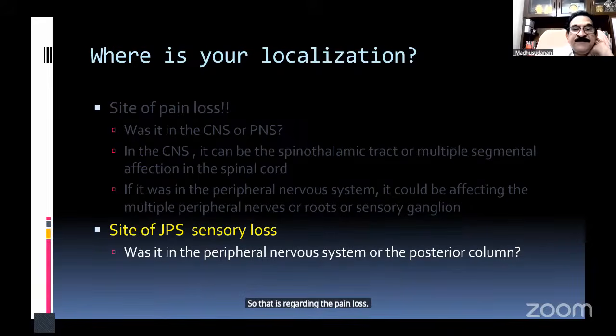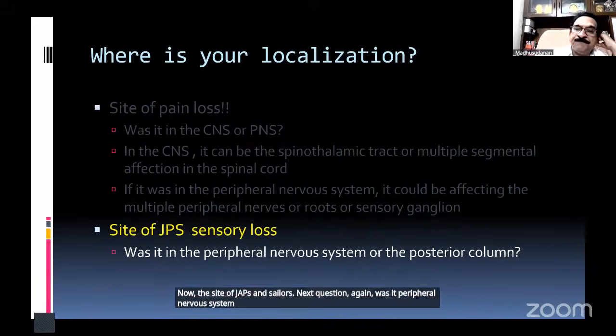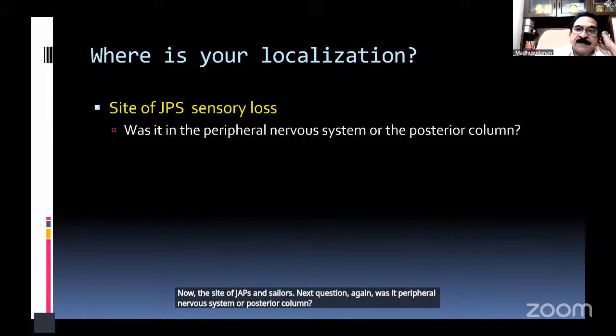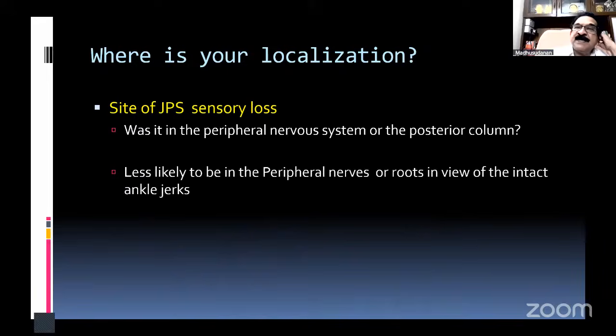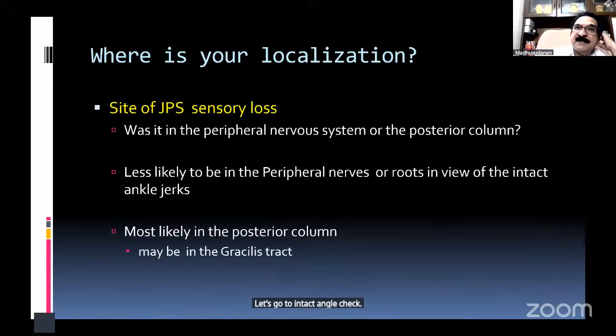Now, the site of JPS sensory loss. The next question again: is it the peripheral nervous system or the posterior column? It is less likely to be the peripheral nerves or a radiculopathy because the ankle jerks are intact. So most likely it is the posterior column that is impaired, as the ankle jerks are preserved.